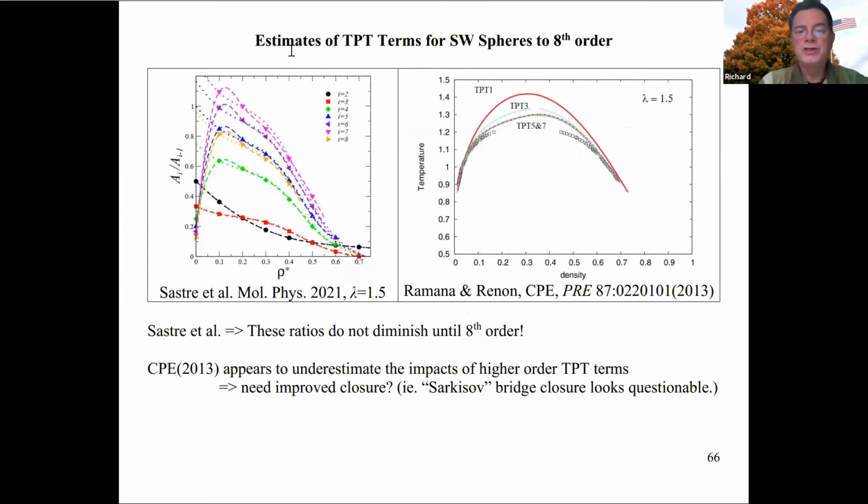And here I wanted to show you some recent results, not mine, that should be coming out very soon in the Journal of Molecular Physics. So Sastre, Vega and Benavides, they've been working on this idea for a while that you can look at the fluctuations in just the energy and then extract the higher order terms from that.